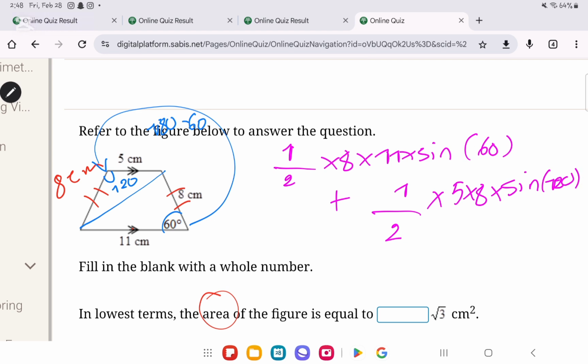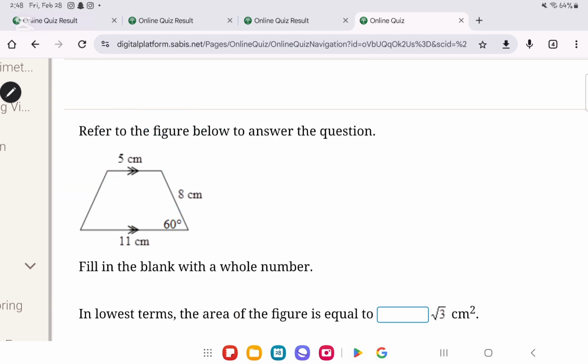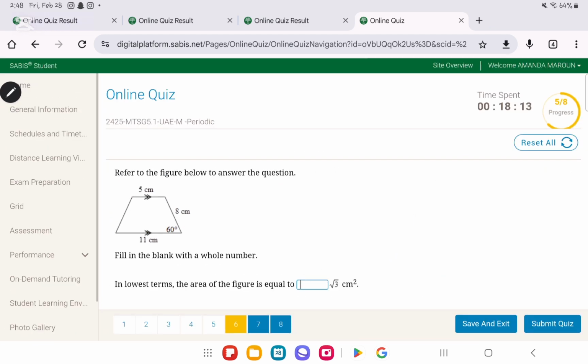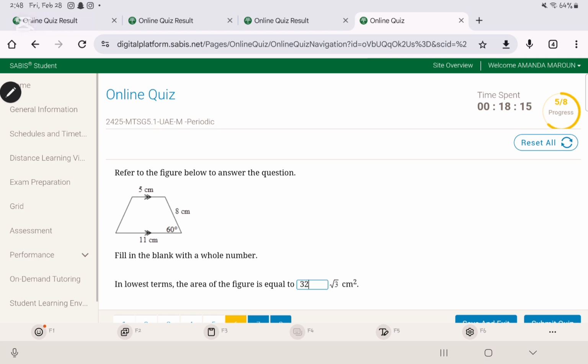If we put it on the calculator, you are gonna get an answer which is equal to 32 radical 3. So very simply, in lowest terms, the area of this figure is 32 radical 3.